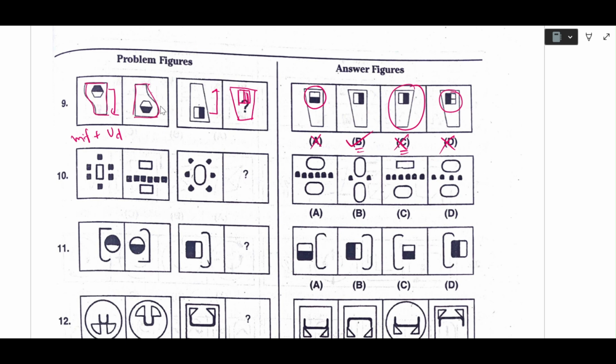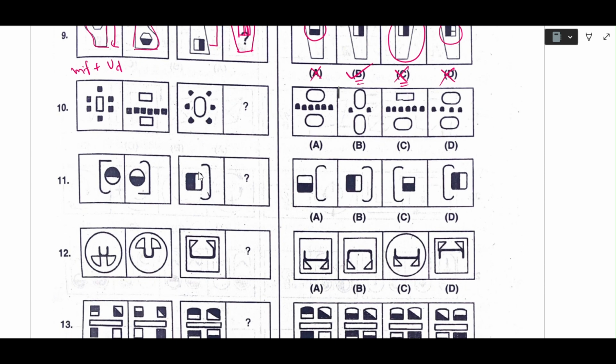And the next problem is problem number 10. Here we have a rectangle, and on the outside we have 1 2 3 4 5 6 small squares. These 6 small squares came into a line, and this one rectangle became 2 rectangles, right? Here also we have to apply the same changes. 6 small figures should be in a line, and this one figure should be 2 figures, right?